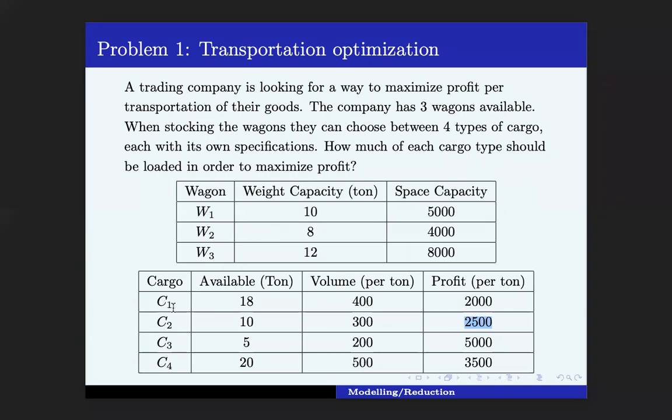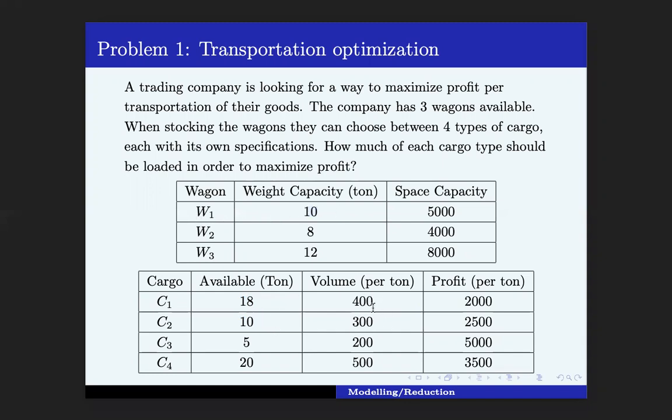So you can choose, okay, I will take, say, 5 tons of cargo 1 and 5 tons of cargo 2. If you take 5 tons of cargo 1 and 5 tons of cargo 2, the total weight, 5 plus 5, is 10, which is not more than the limit, so I can put it in wagon 1.